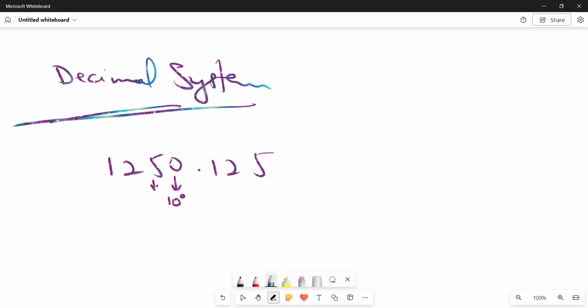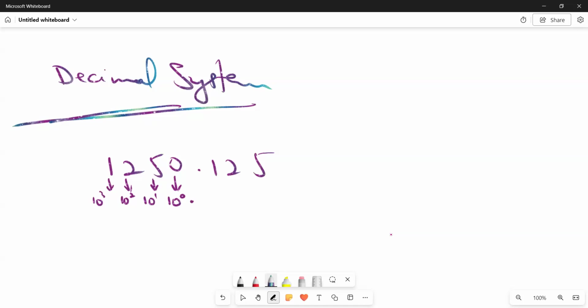The place value of 5 is 10 to the 1 power. The place value of 2 is 10 to the 2nd power, which is 100. The place value of the 1 is 10 to the 3rd power, which is 1,000, right?